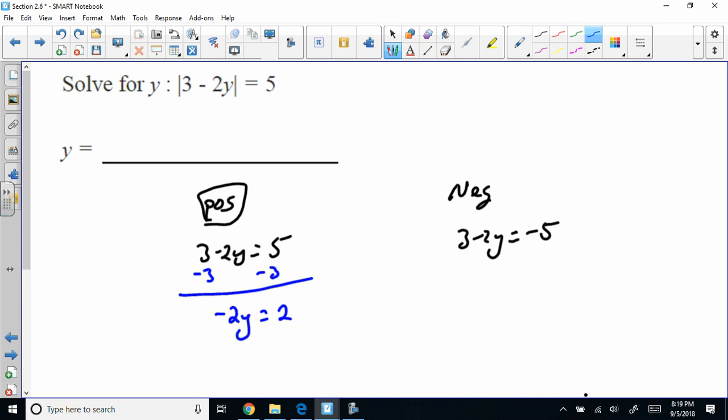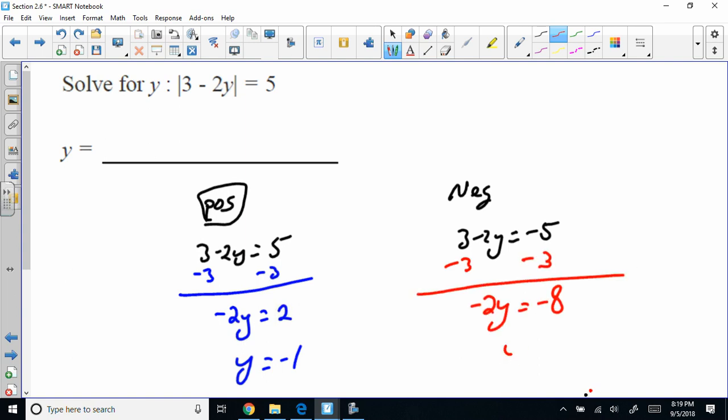Of course, that's y equals -1. And then I'll do this one, and I got y equals 4. So how would I write my answer? I'd go negative 1, comma 4, right? All right.